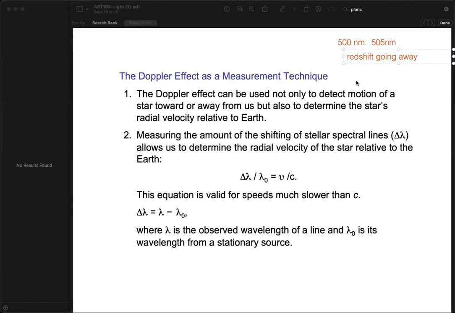But how fast is it moving? For that, we look at this equation here, and we rewrite it in such a way as to solve for v, which is the velocity. Let me write it here.